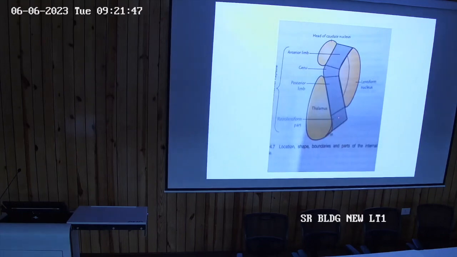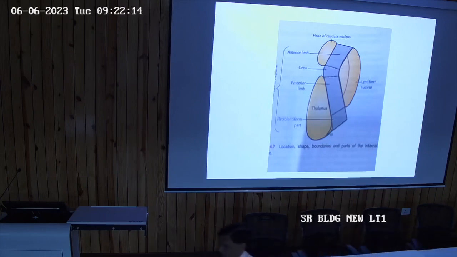Look at this part. This is the anterior limb, this is the posterior limb, and this is the lentiform nucleus. Just below the lentiform nucleus, there is another part, the retrolentiform part of the internal capsule. And just posterior to this lentiform nucleus, there is one more part, the sublentiform part of the internal capsule.